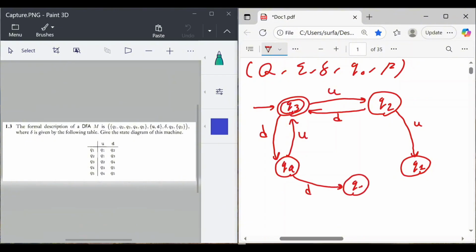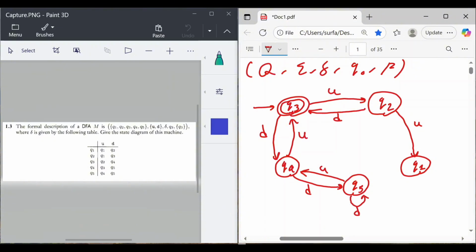Okay, and let's continue with Q5. In Q5, if we see U, we will go back to Q4 like this. And if we see D, we will stay in Q5 actually, like this.